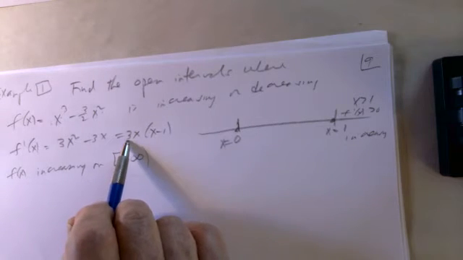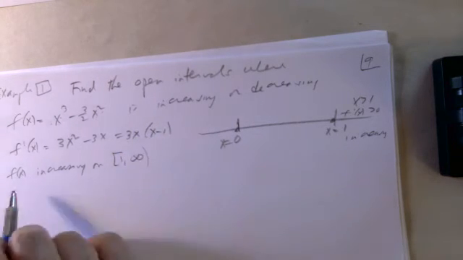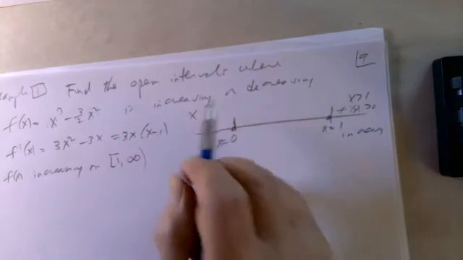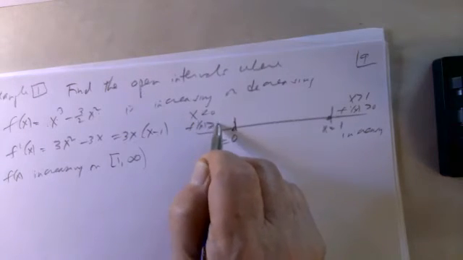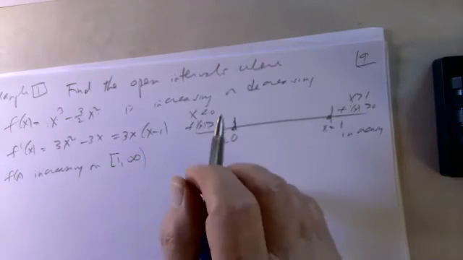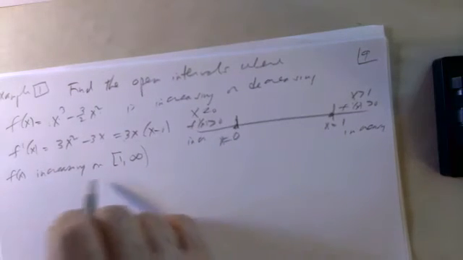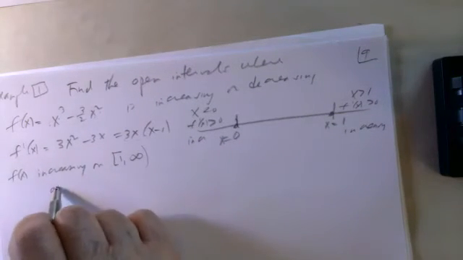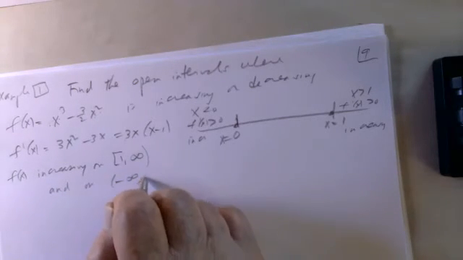Also, when x is less than 0, this is negative, and the product is positive. So for x less than 0, f prime of x is still positive because negative times negative is positive, and the function is increasing. So f of x is increasing on the interval from 1 to infinity and on the interval from minus infinity to 0.